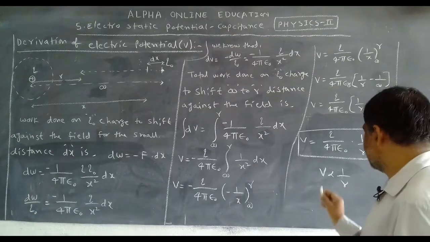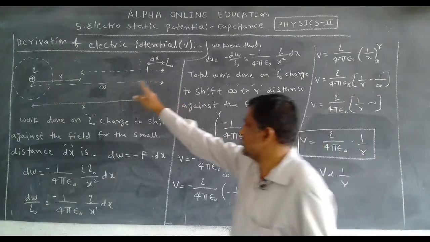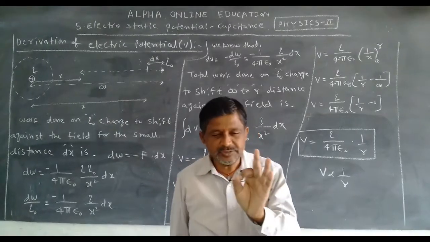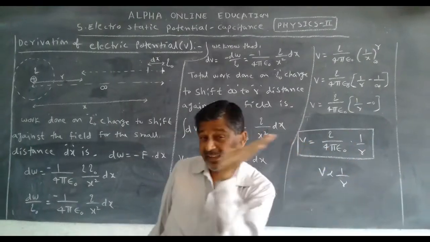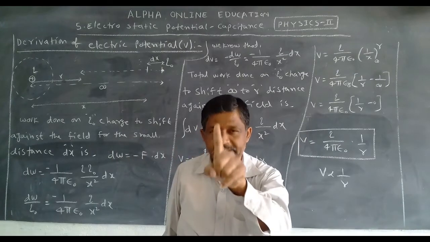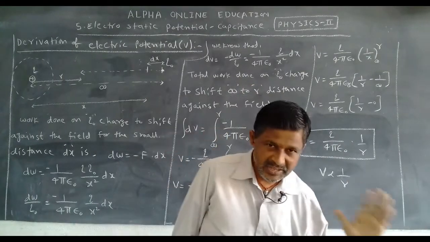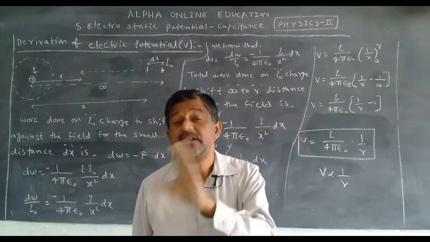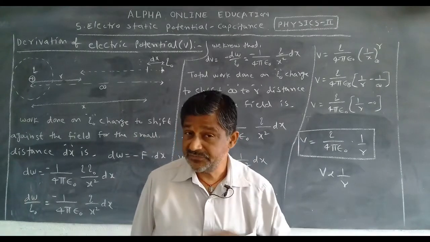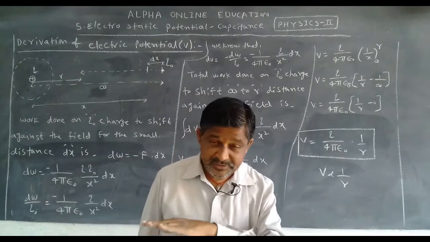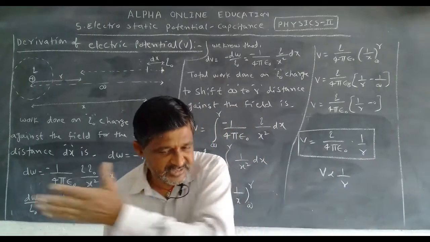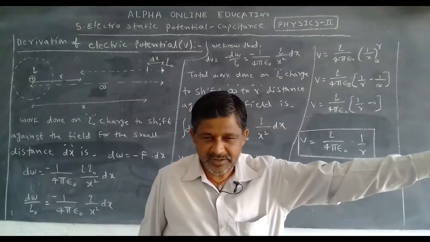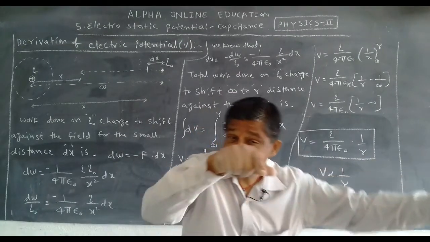Now let us take, this is the charge. When a charged particle is shifted against the field, electric potential is positive. When a charged particle is shifted against the electric field, electric potential is positive. If a charged particle is shifted towards the field, this is the direction of the electric field, in this direction the charged particle is shifted, potential is negative.